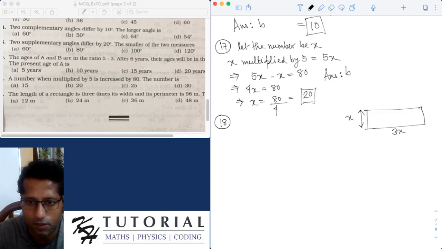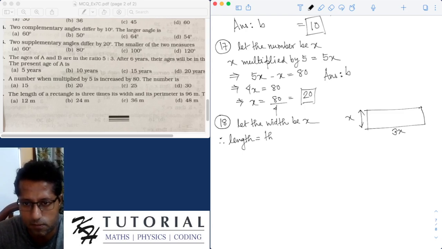So let the width be x. Therefore, length equals 3 times the width, and width we have considered to be x, so 3 times x, that is 3x.